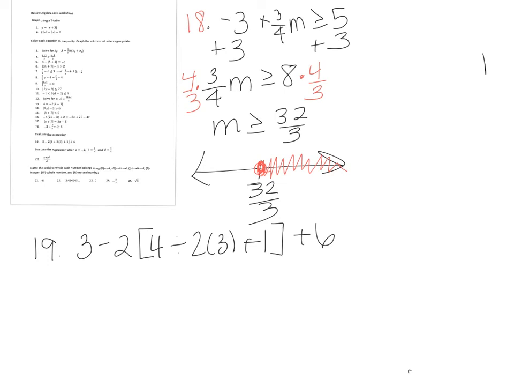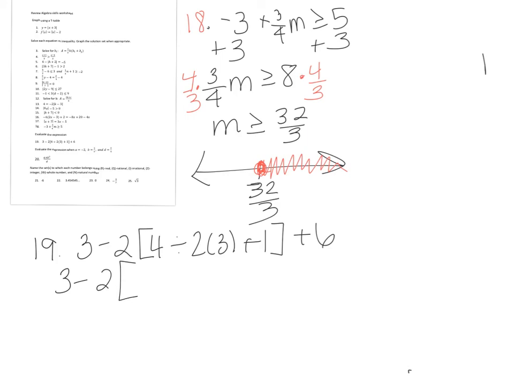Multiplication and division come from left to right, and this notation makes it look very confusing because you see 2 times 3 with the parentheses and you want to do that first, but we don't. We're going to divide 4 divided by 2 and then multiply by 3 because multiplication and division go left to right.